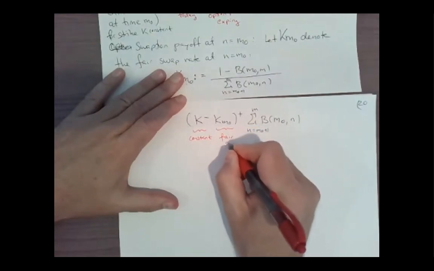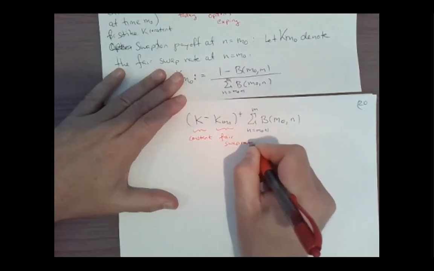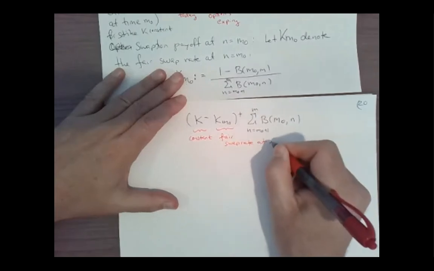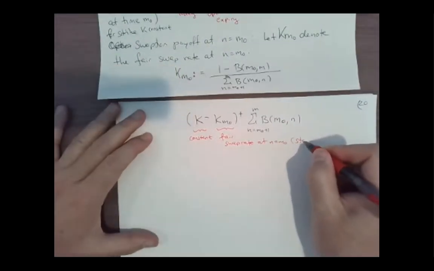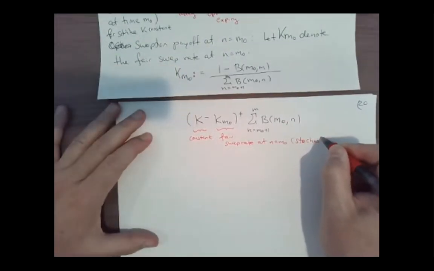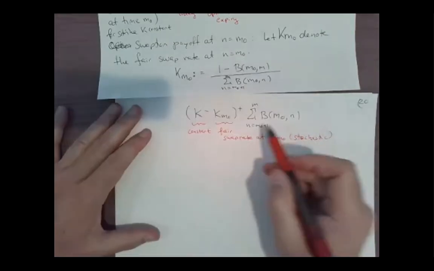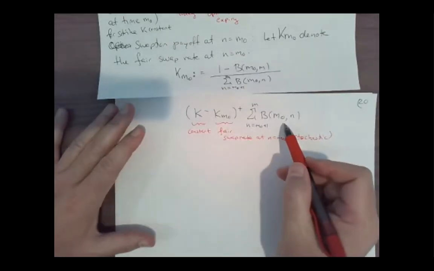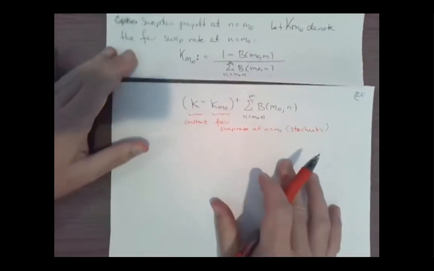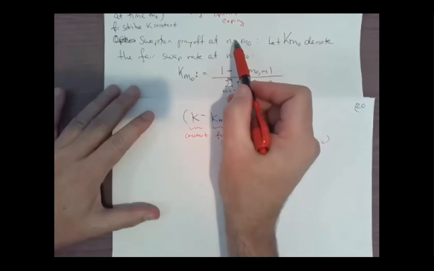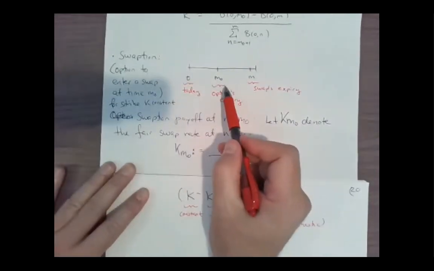This is the fair swap rate. And the zero coupon bonds, we had many times before. So that's the swaption payoff when the option expires.